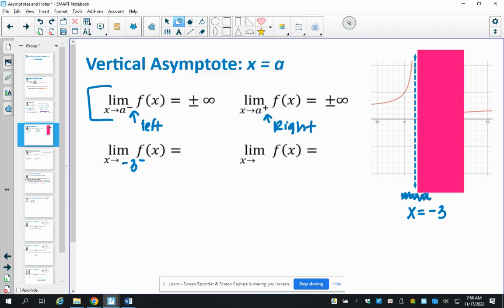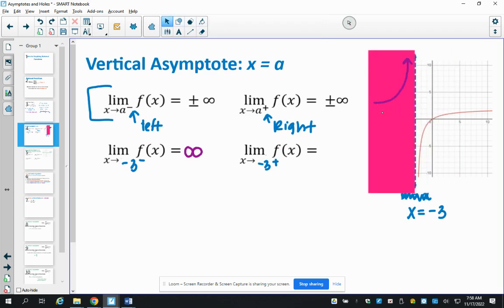So if we're looking at it from the left side, where is the graph going? And this graph is going up on the left side of the asymptote, so at positive infinity. Then this one, we're looking at as x approaches negative 3 from the right side. So this one, we're looking over here. And when we look on this side, where is that graph going? So on the right side of the asymptote, it's down at negative infinity.